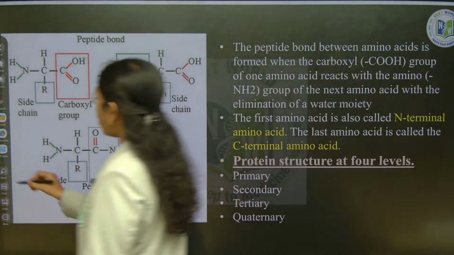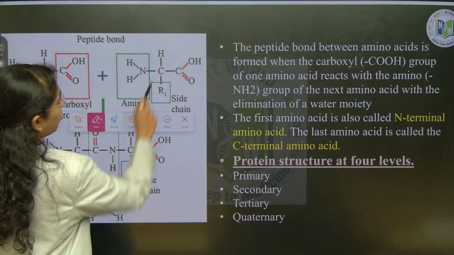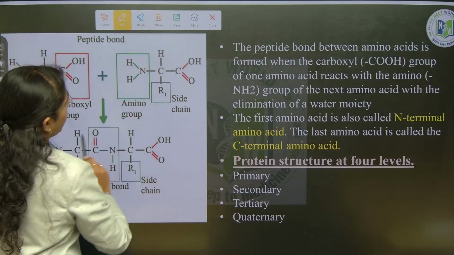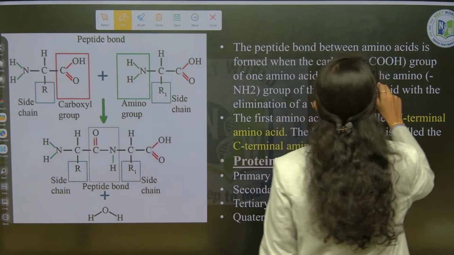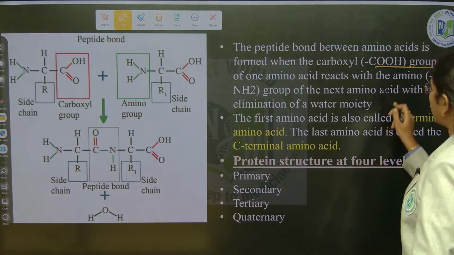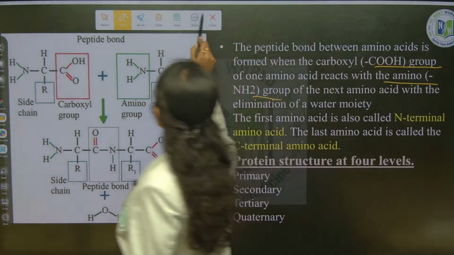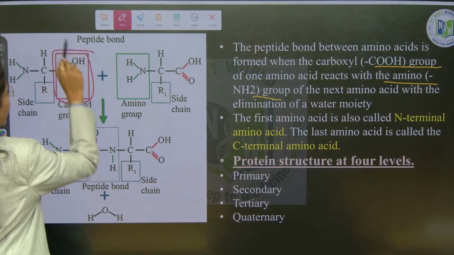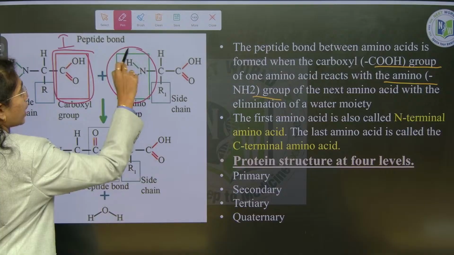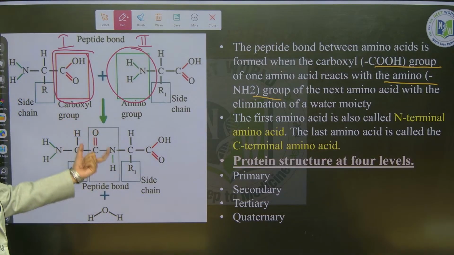Now the peptide bond. The peptide bond between amino acids is formed when the carboxyl group of one amino acid reacts with the amino group of the other amino acid. Can you see here clearly? The carboxyl group of one amino acid reacts with the amino group of the next amino acid, forming a peptide bond.